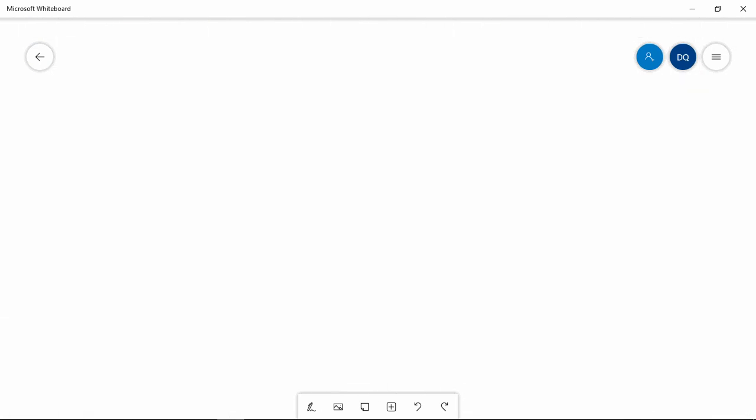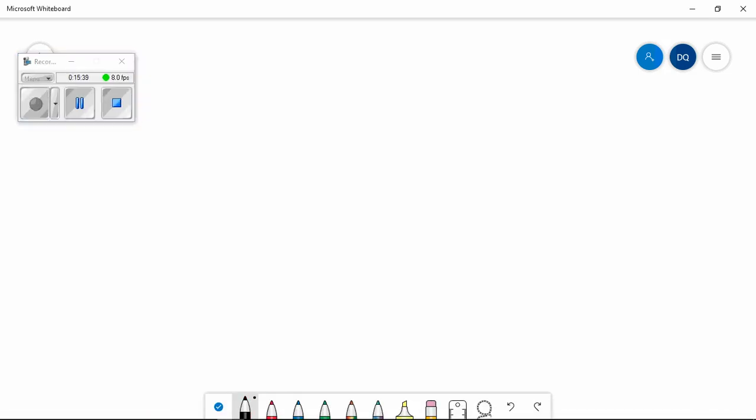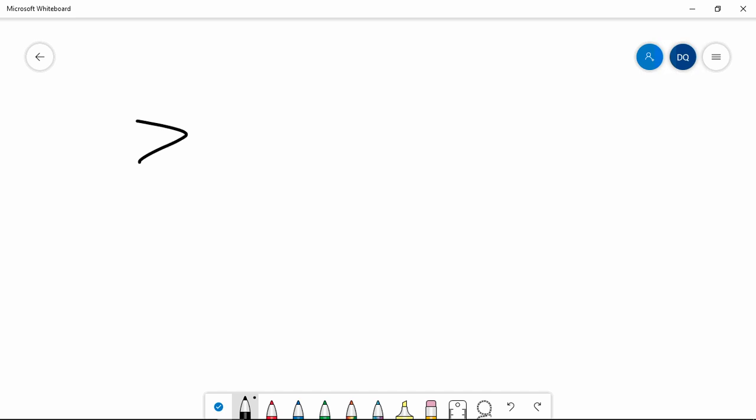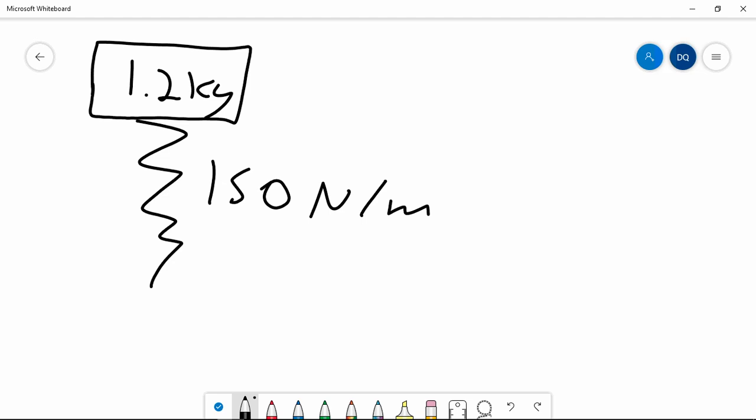So in this question, we've now got a 150 spring (150 newtons per meter), and we're going to place a 1.2 kilogram block on it, and that block is going to compress the spring.